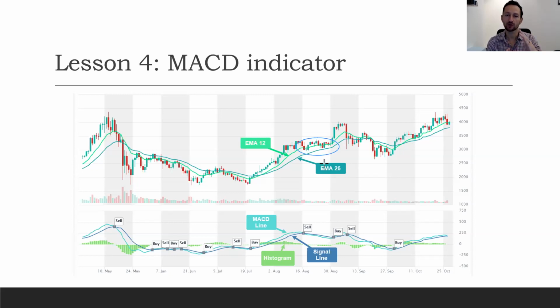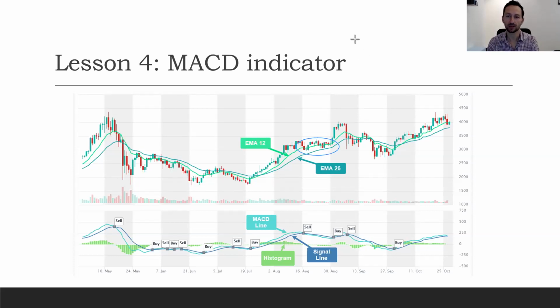As the price increases rapidly, the scissors open up, MACD line rises. As the price starts flattening out, as we have here in this section of the Ethereum chart back in August, the difference between EMA 12 and EMA 26 is converging, and the MACD line begins to flatten out or actually decline.